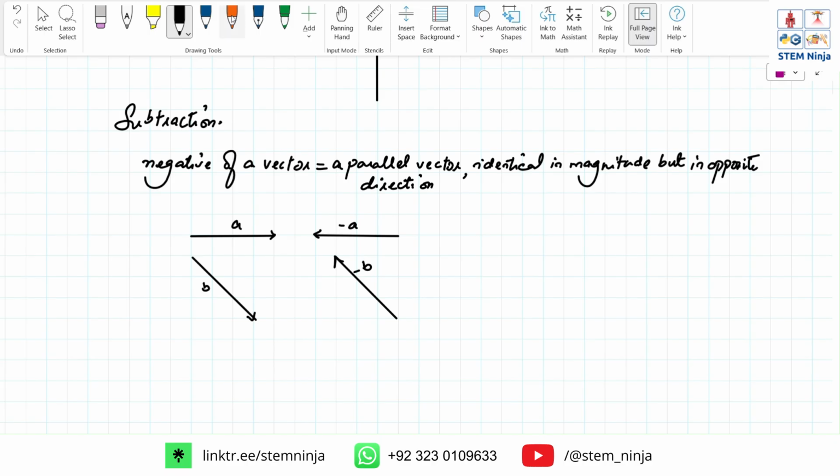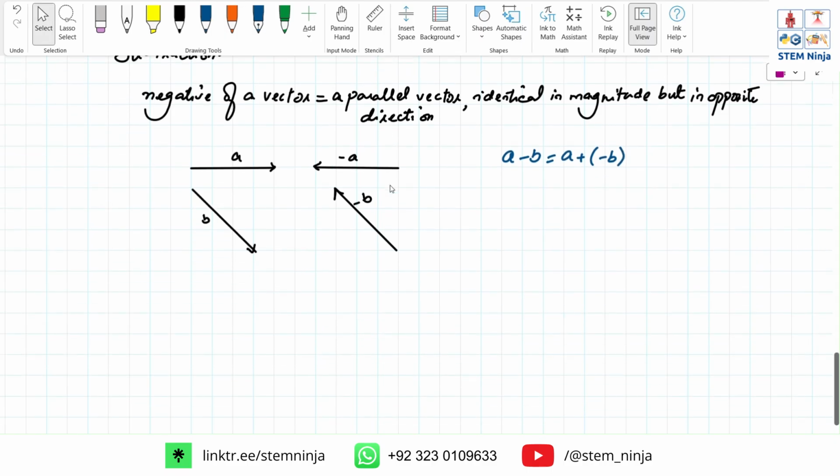So remember the principle we use in scalar addition, that A minus B could also be written as A plus minus B. So if we want to do A minus B, we could start, for example, over here, go in the direction of A. And sorry, we had minus B over here, so I need more space. Minus B would be this thing.